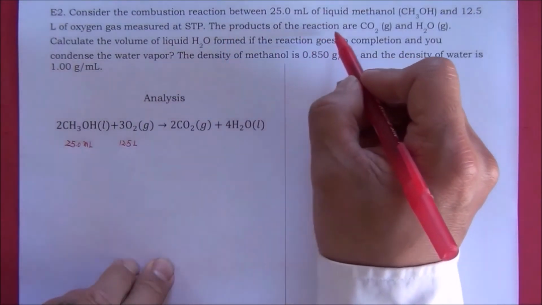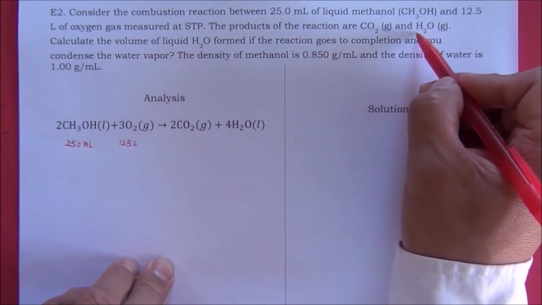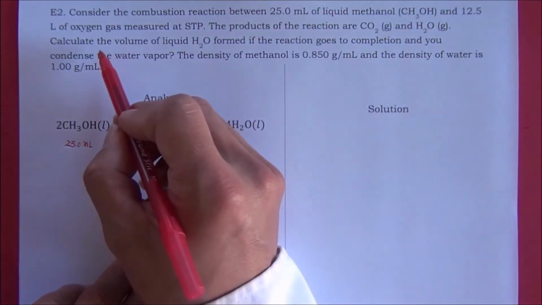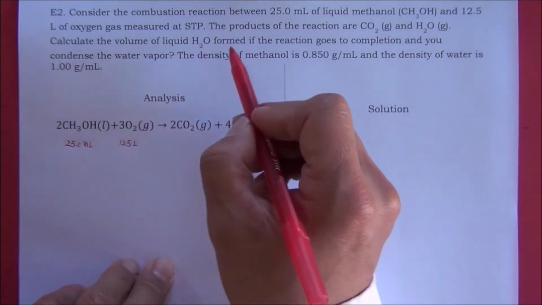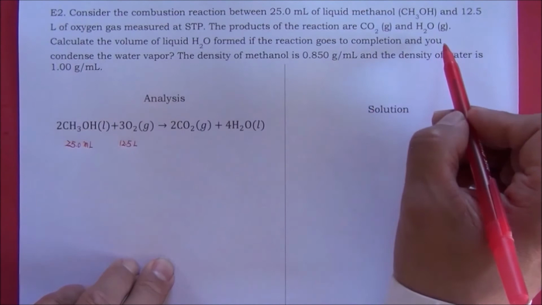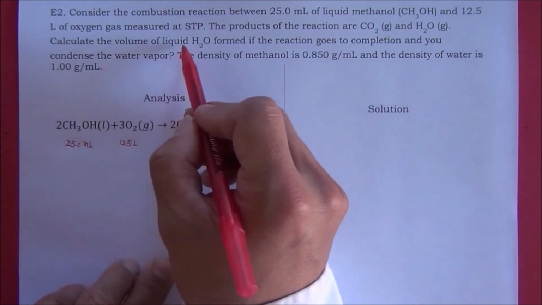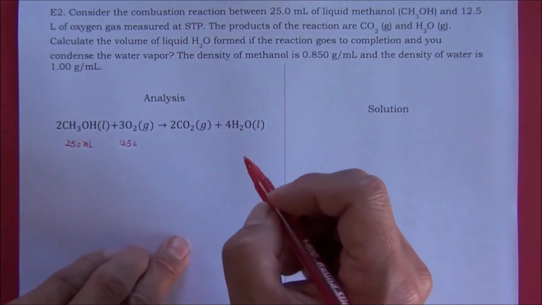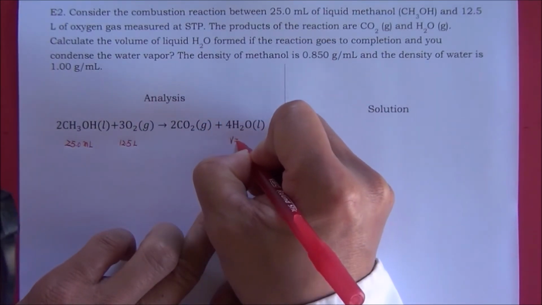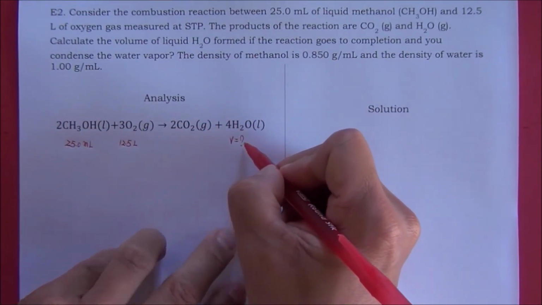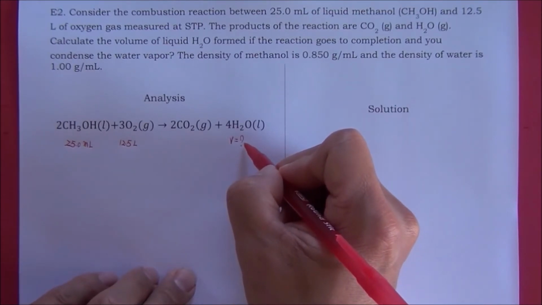The products of the reaction are CO2 gas and water gas. Calculate the volume of liquid water formed if the reaction goes to completion and you condense the water vapor. The volume of liquid water is what we are looking for. I write down a question mark to indicate this is what we are looking for.